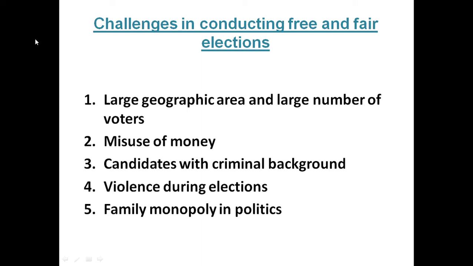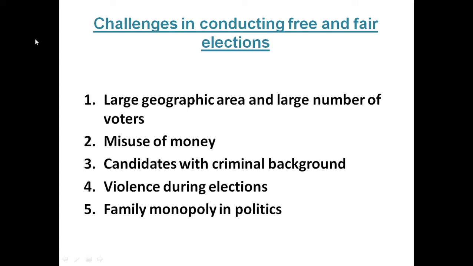The second challenge is misuse of money. Misuse of money takes place to a great extent during elections. Finance is needed during campaigns. There is a need to raise money or donations for the political campaigns. There is a limit put on the expenses of political parties.